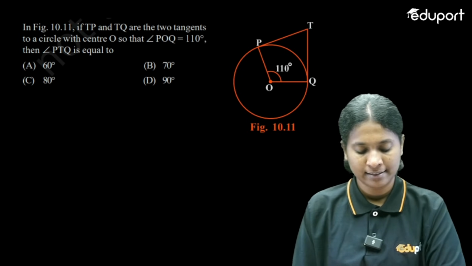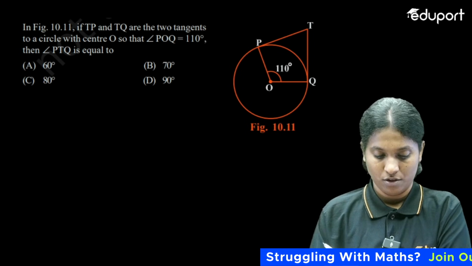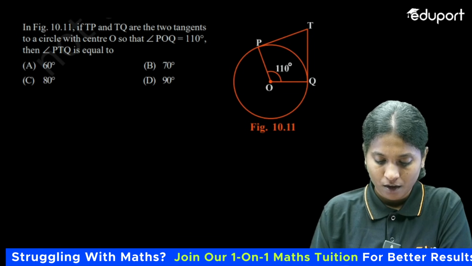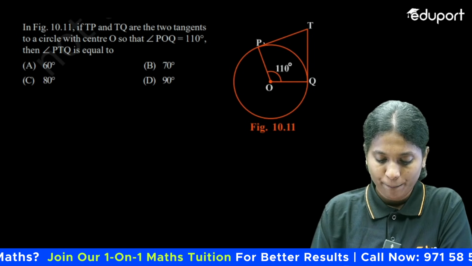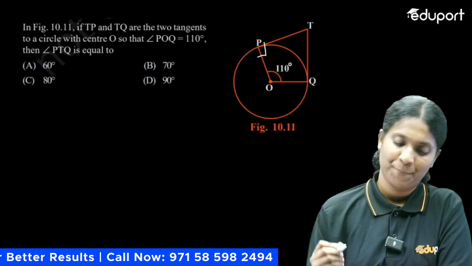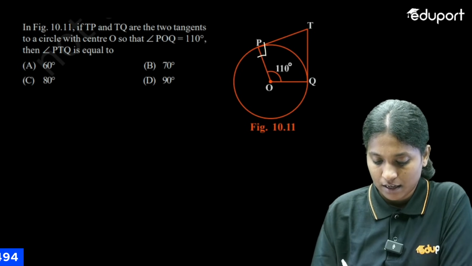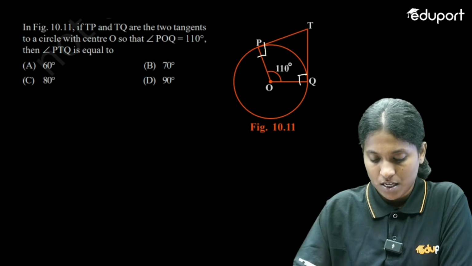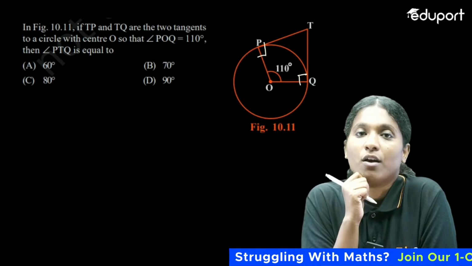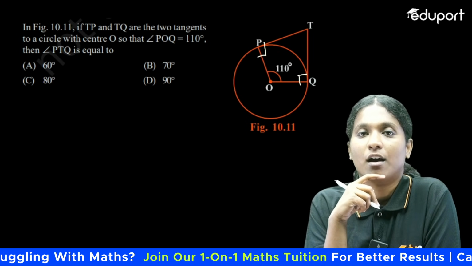And let's see this question. How can you find the angle PTQ? This is a simple question. Here we know that OP and PT make 90 degree, because radius and the tangent are perpendicular. So here is also 90 degree. Overall, OPTQ is a quadrilateral. We know that the angle sum property of a quadrilateral is 360 degree.